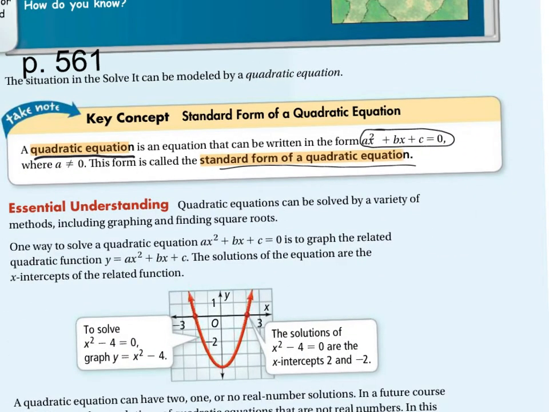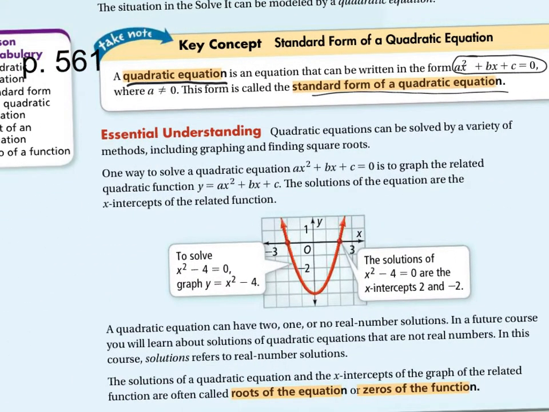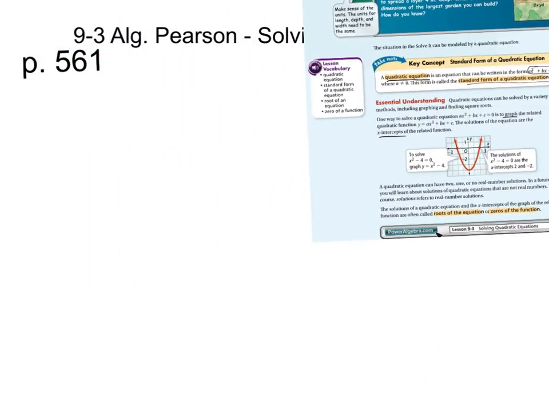So we can solve quadratic equations different ways. One way is we could graph this and find the x-intercepts. Just for example, previously we had something like y equals 3x squared plus 5x plus 2.